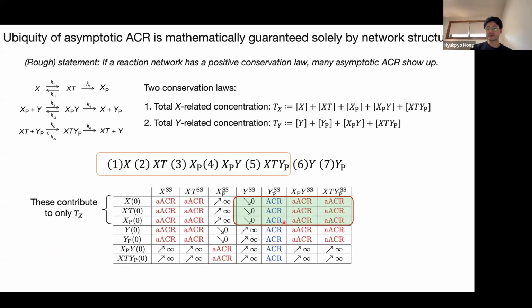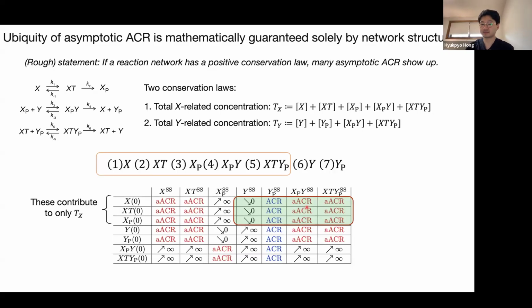And that explains the ACR phenomena that shows up in the table over there. When we change the level of xt or xp, they contribute only to T sub X. So when we look at the steady state level of the Y-related species over there, they are all bounded by T sub Y, and we can be sure that at least one of them shows ACR.